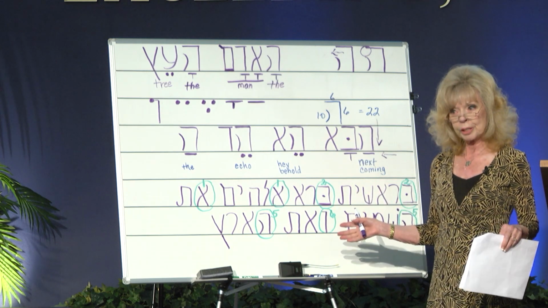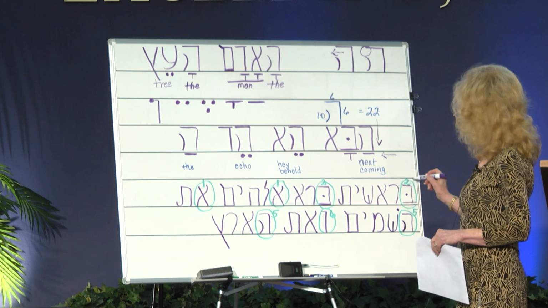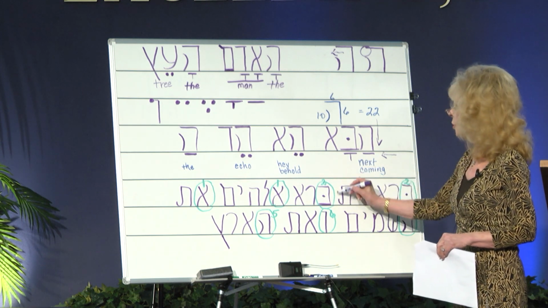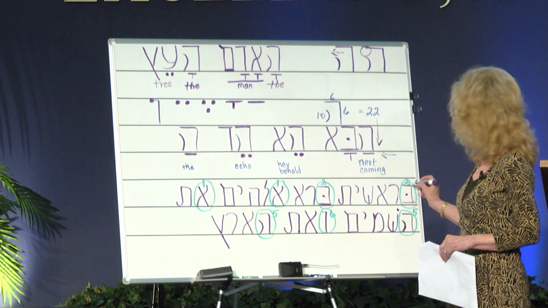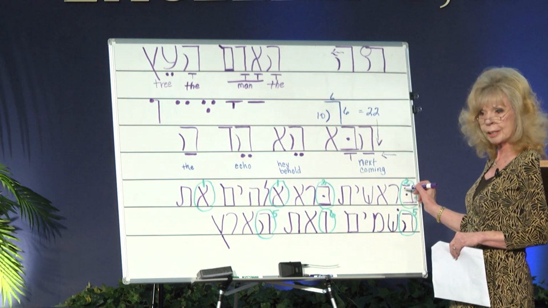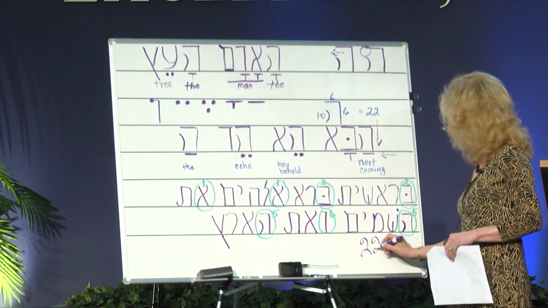Okay, first 7 words of creation, right? Now look at this. If you take just the first letter of each one of those 7 words and you put its numerical value to it, add them up, you're going to get 22.